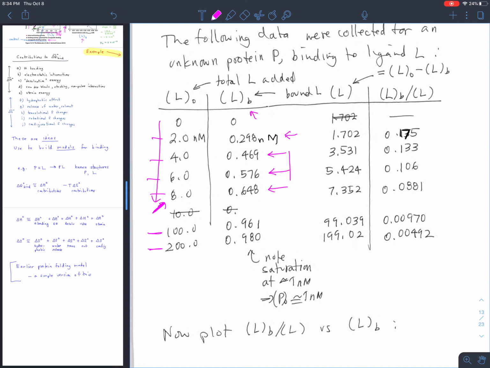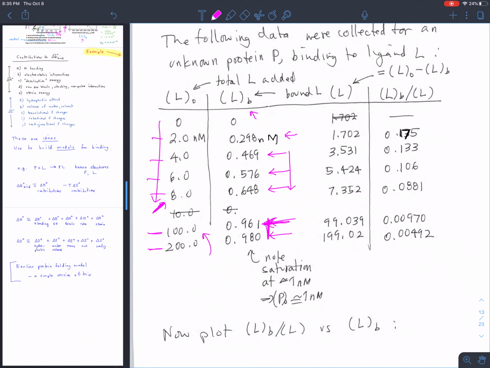You can see that things are slowing down because we're starting to saturate a little bit. By the time we've gotten to 100 nanomolar here, we're really saturating. Almost all of the ligand is bound. And by the time we go up to 200 nanomolar, it's clear that not much change has occurred because we've already saturated at this point.